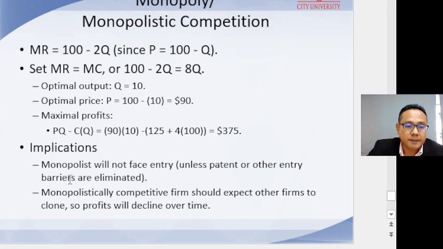The implication is that monopolies will not face entry unless patents or other entry barriers are eliminated. Monopolistically competitive firms should expect other firms to clone, so profit will decline over time.